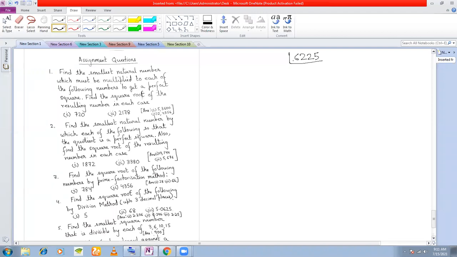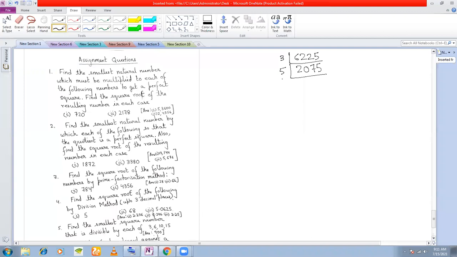First try with 3. It will be divisible by 3 because if you add up the digits, it is divisible by 3. So 6225 divided by 3 gives 2075. Next, 2075: is it divisible by 3? No. Next we try 4, which is also not there.